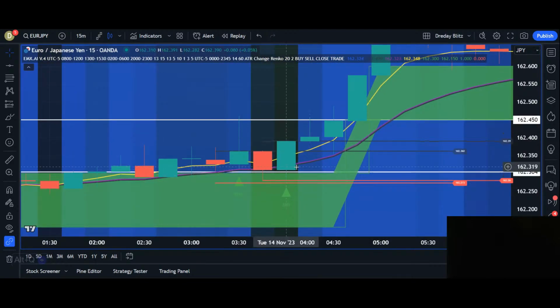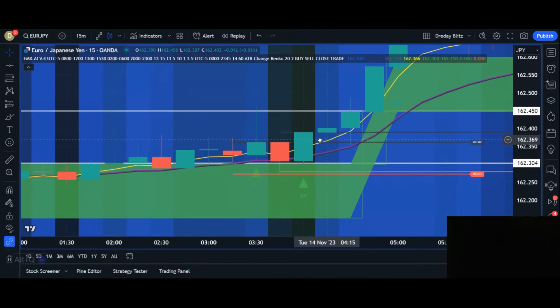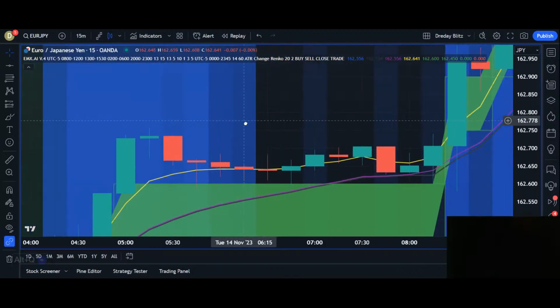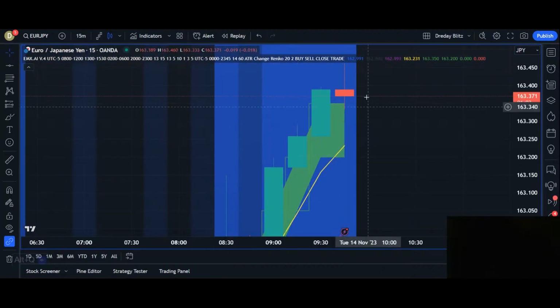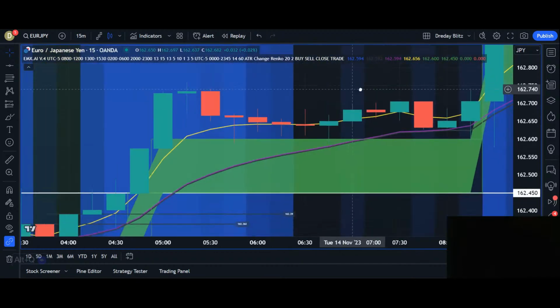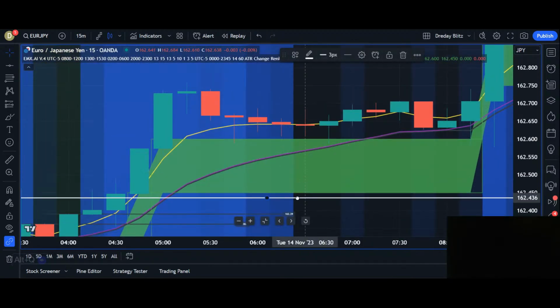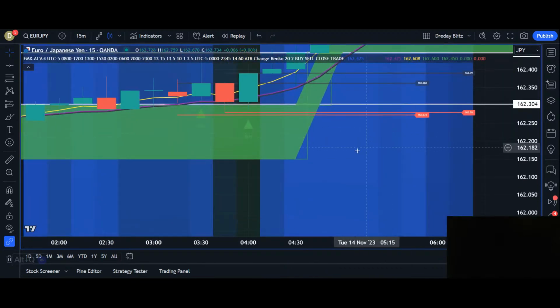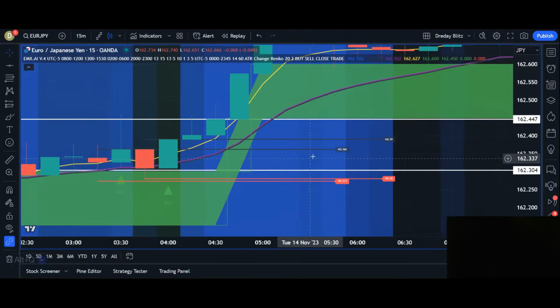The price here was roughly around 162.30 something, and right now we're at 163. So it's 100 pips already for each signal, because you had two signals, one at 3:30 and another one at 4.